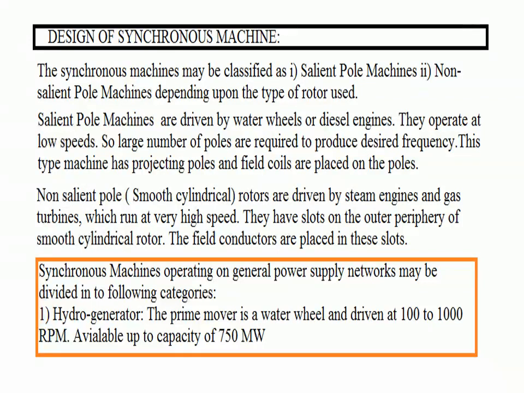In general, depending upon the rating and the application, we know another type of classification. In brief, number one, hydro generator. In this system, the prime mover is a water wheel, driven at 100 to 1000 rpm, available in capacity up to 750 megawatts.